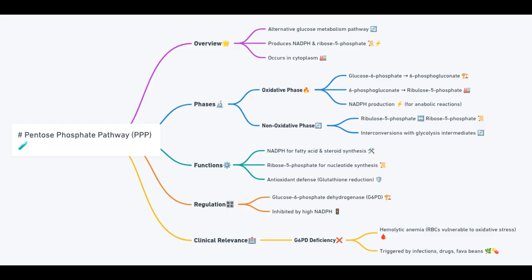With the tissues with active pentose phosphate pathways, we have the adrenal gland, which functions mainly in steroid synthesis, the liver, fatty acid and cholesterol synthesis, testes, steroid synthesis, adipose tissue, fatty acid synthesis, ovary, steroid synthesis, mammary gland, fatty acid synthesis, red blood cells, maintenance of reduced glutathione, and in the muscle and brain, little PPP activity.